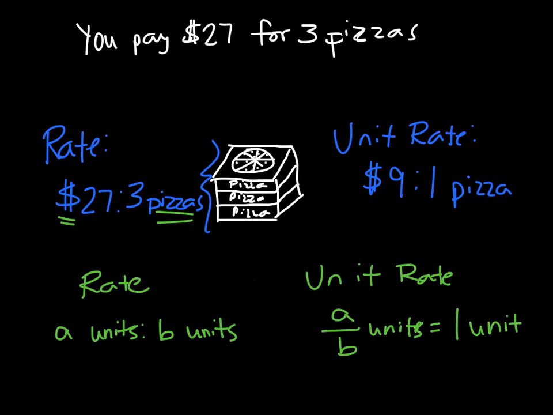So what I did was divide 27 by 3 to get 9. So it's telling me it's $9 per 1 unit. That's what it's explaining to me. We'll do that in more depth in a minute.